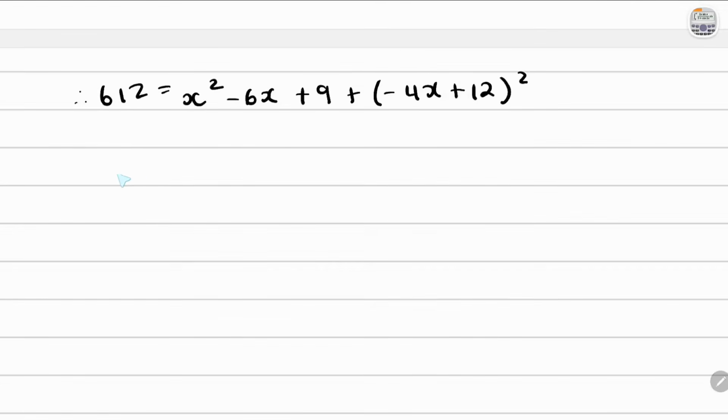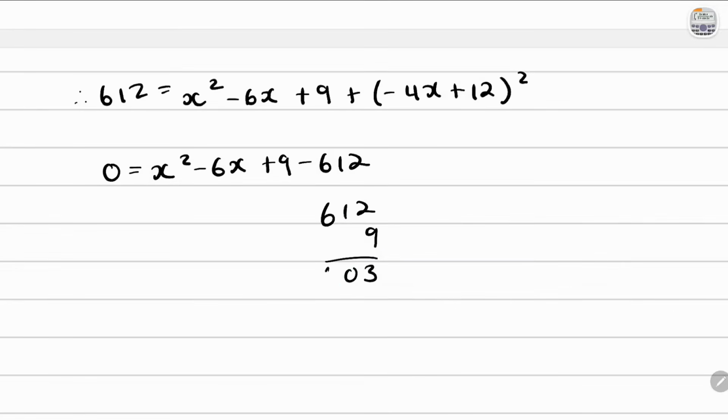So I mean, we can take that 612 over now already. That's going to be x squared minus 6x plus 9 minus 612. 9 minus 612 is just going to become negative, so minus 9. 12 minus 9 is 3. So that's -603 that you're going to get there. And then we can go ahead and distribute that. That's going to be the first term squared, which is positive 16x squared.